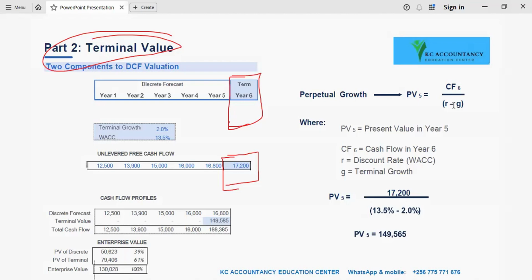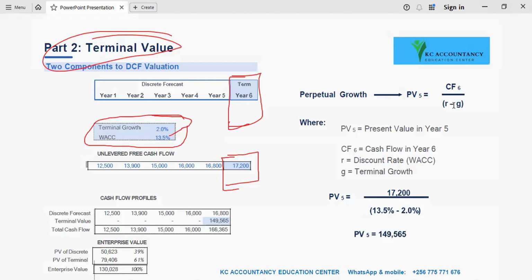We are going to make use of these other two values from this small box: the terminal growth rate of 2% and the weighted average cost of capital of 13.5%.